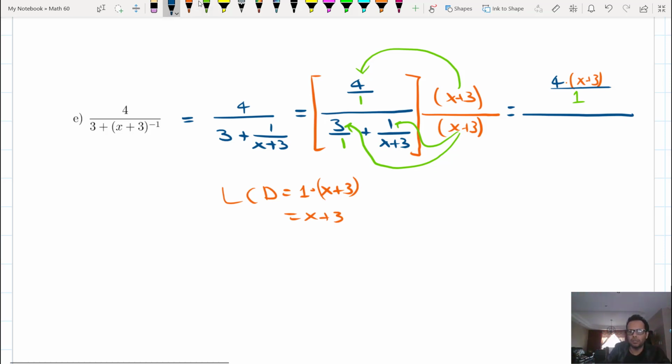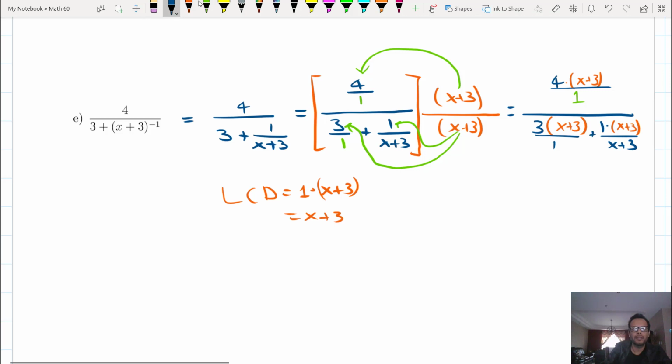Let's go ahead and do it with the denominator. 3 times x plus 3 divided by 1, and the quantity x plus 3 times 1, right? That's 1 times x plus 3 divided by the quantity x plus 3.